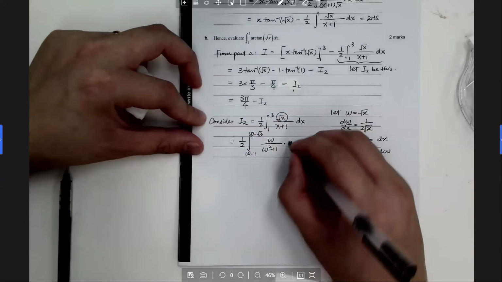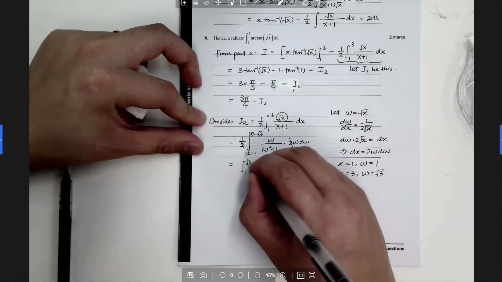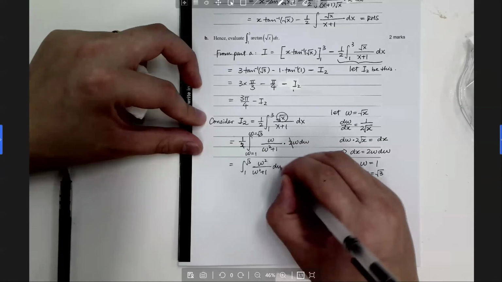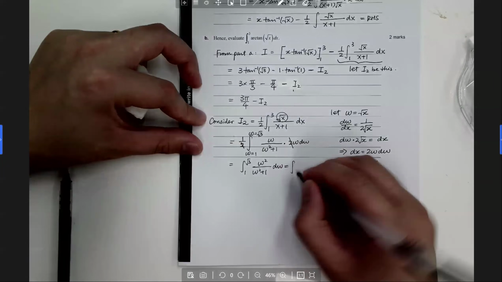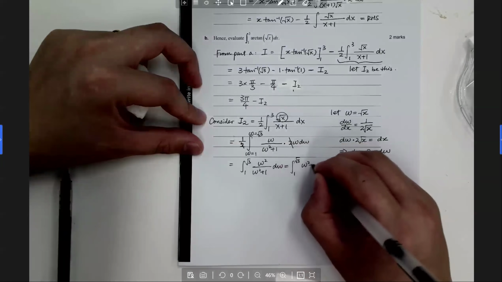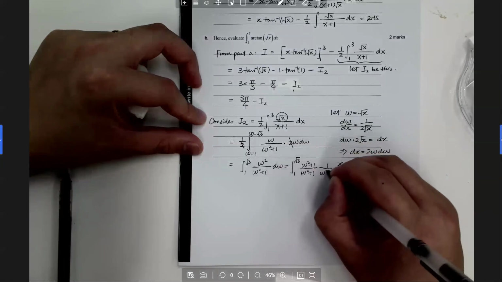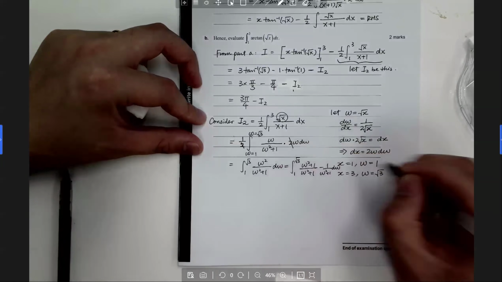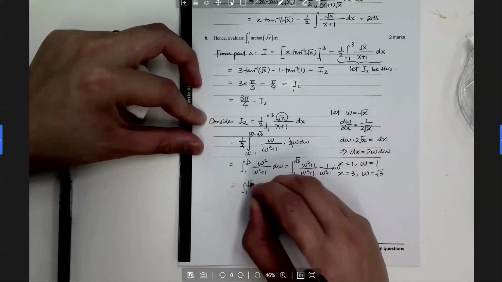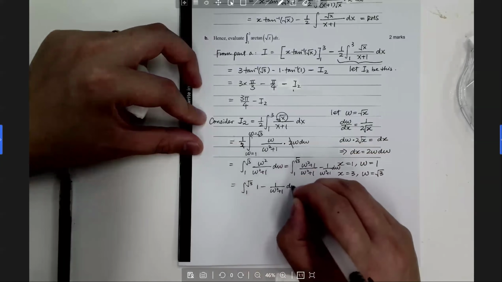And then you can cancel the 2 and the half. Eventually, you just get integral 1 to root 3 w squared divided by w squared plus 1 dw. And you can split that in this form, like 1 to root 3 of w squared plus 1 divided by w squared plus 1 minus 1 over w squared plus 1 dw. And you get 1 to root 3, 1 take away 1 over w squared plus 1 dw.